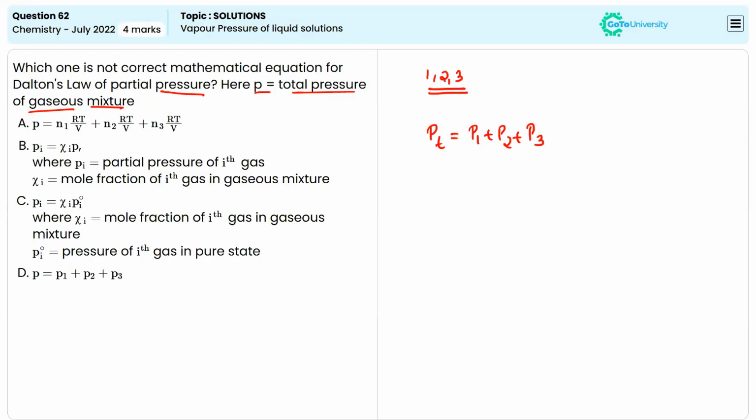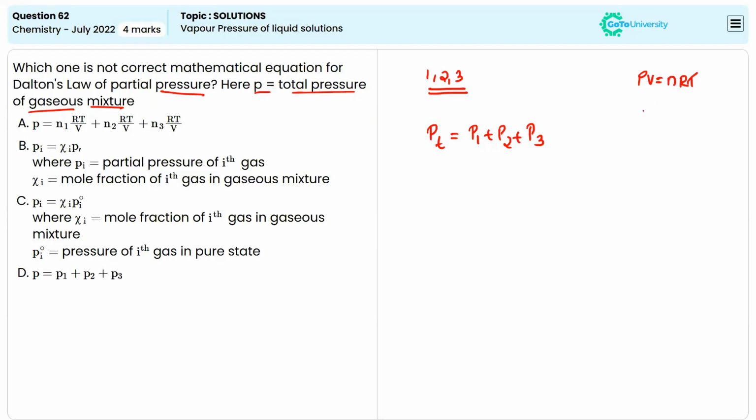Now let us see which among the following is correct regarding Dalton's law. The first one, P is equal to N1 RT by V plus N2 RT by V plus N3 RT by V. This is another mathematical equation for Dalton's law, because according to the ideal gas equation, we have PV is equal to nRT.